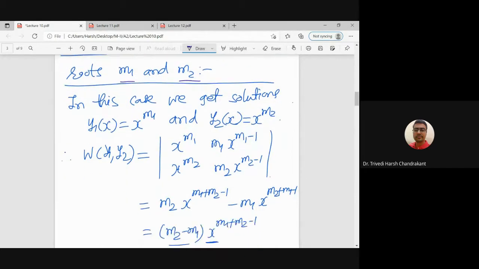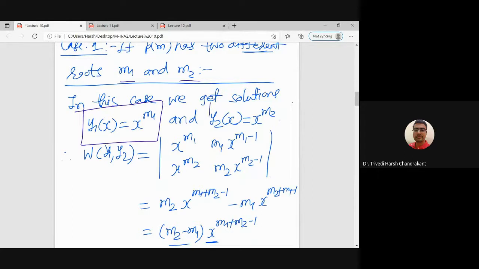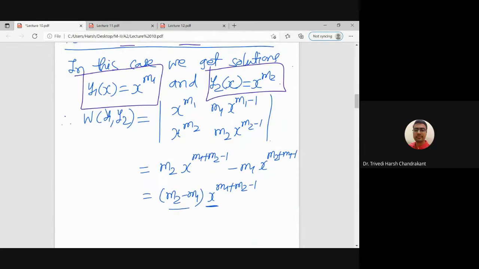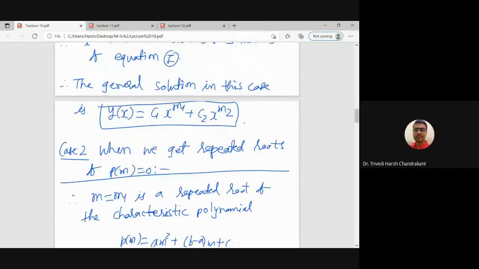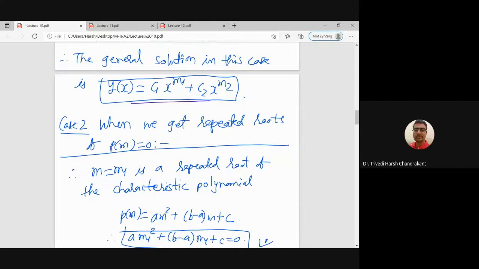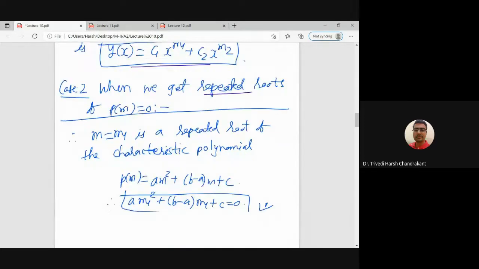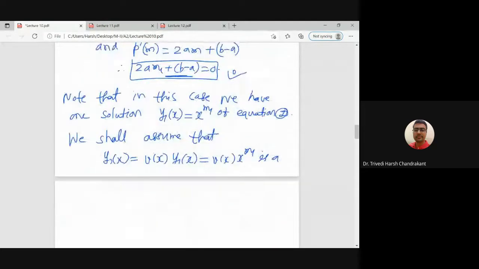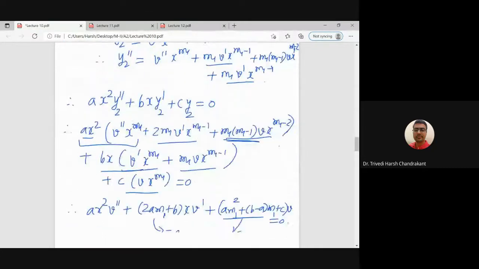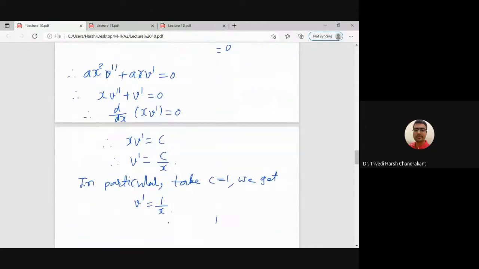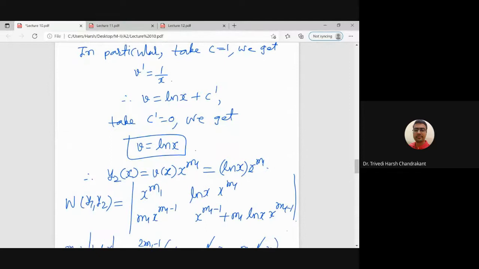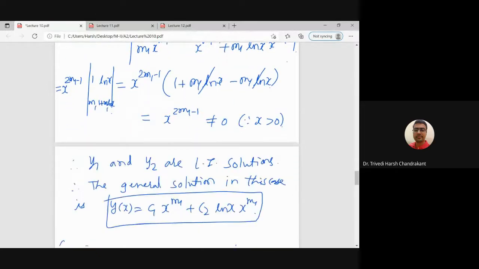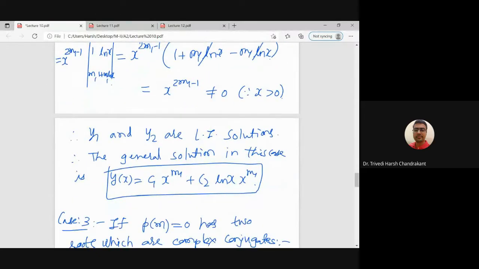Depending on the values of m1 and m2, if they are distinct, we get the general solution in the first case, that is c1 x power m1 plus c2 x power m2. When we have repeated characteristic roots, the solution is x power m plus another constant times log x times x power m.